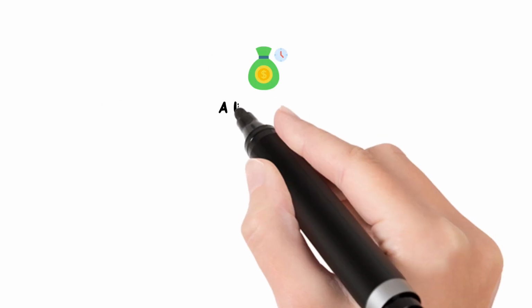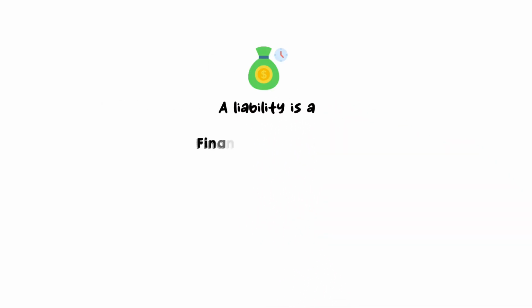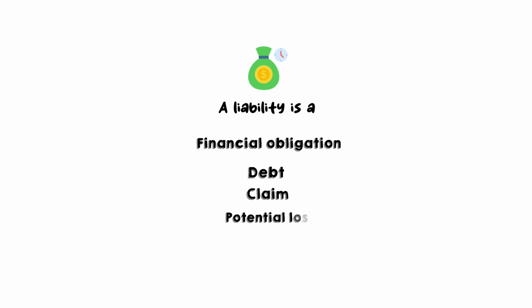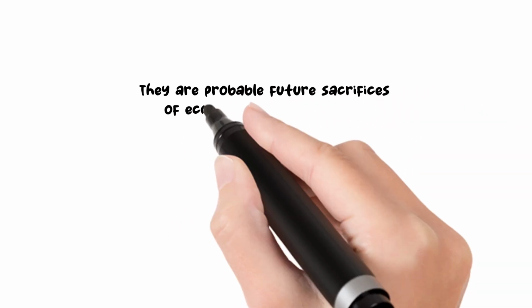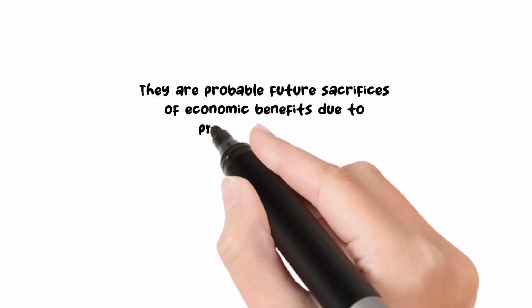Liabilities. A liability is a financial obligation, debt, claim, or potential loss. They are probable future sacrifices of economic benefits due to present obligations towards other entities.